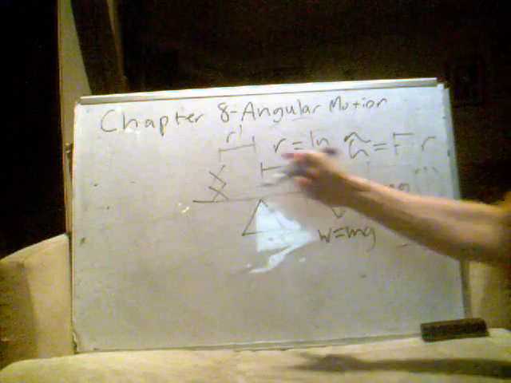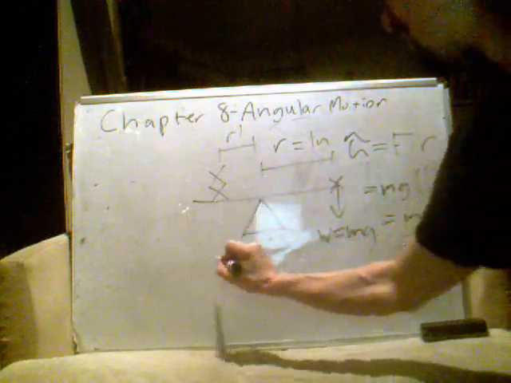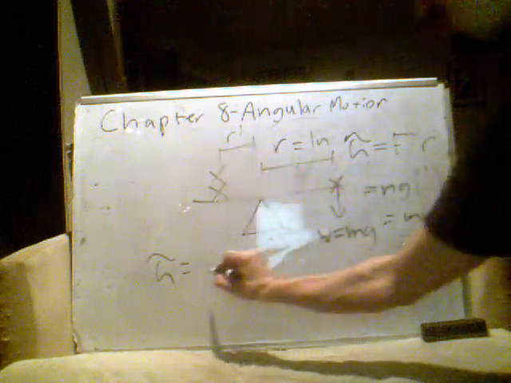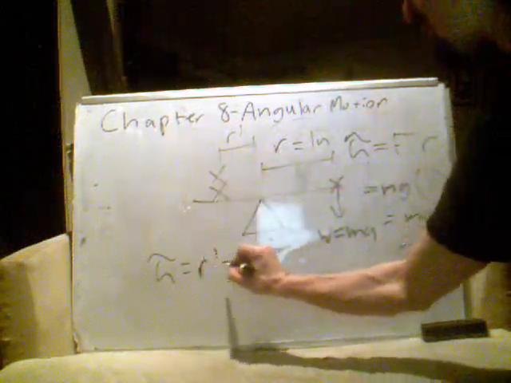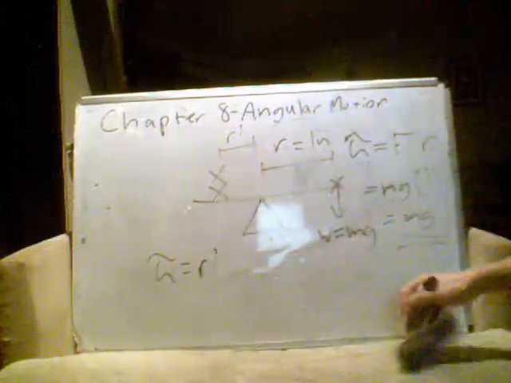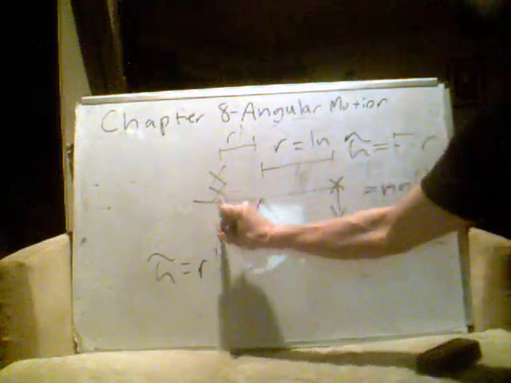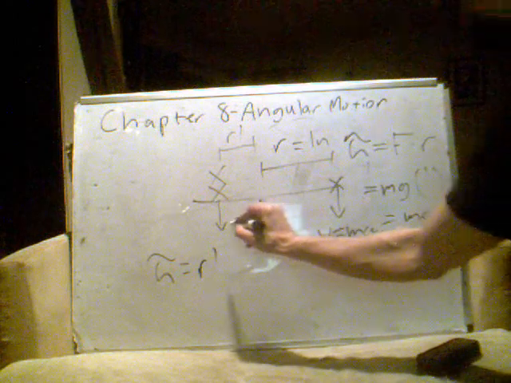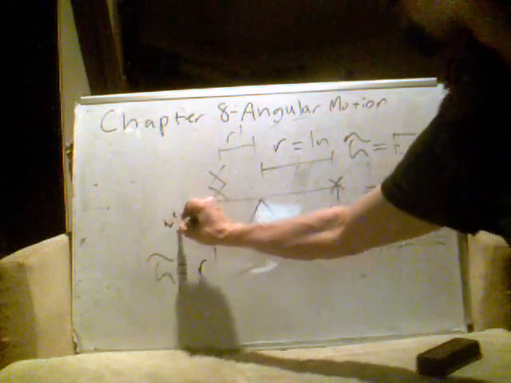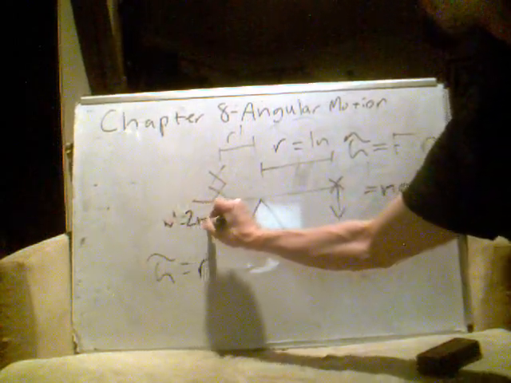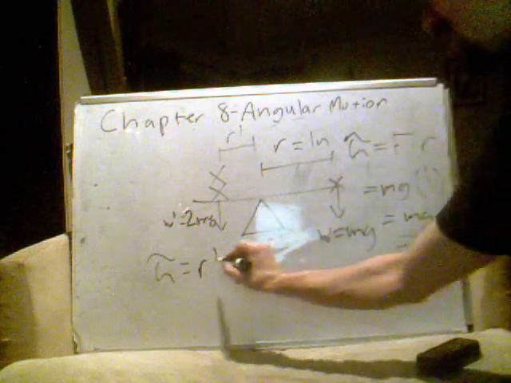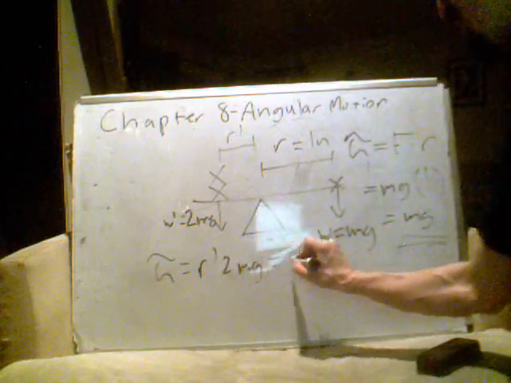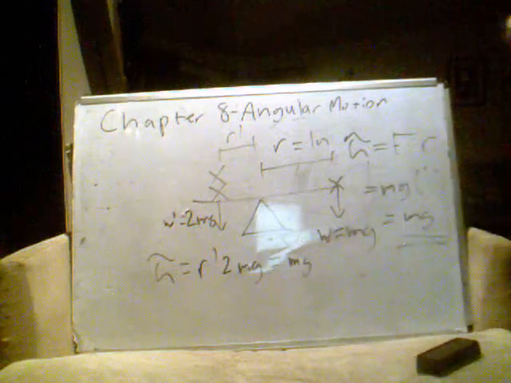Okay, now what do we got here? This other torque is going to be our distance, what we call r prime, times the force applied here. But we already said that this kid has twice the mass, right? So this weight is going to be 2mg, right? So we got r prime times 2mg, but this has to equal mg.